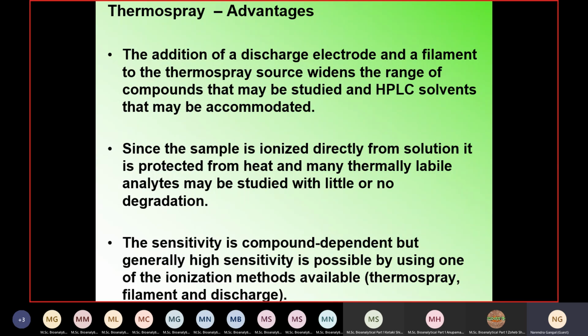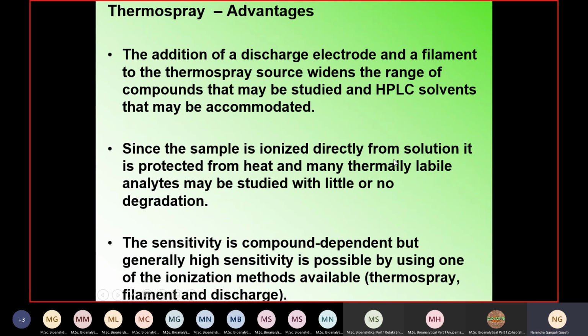The formation of species was much better compared to the earlier thermospray without discharge electrode and filament, so ion formation was much more efficient.